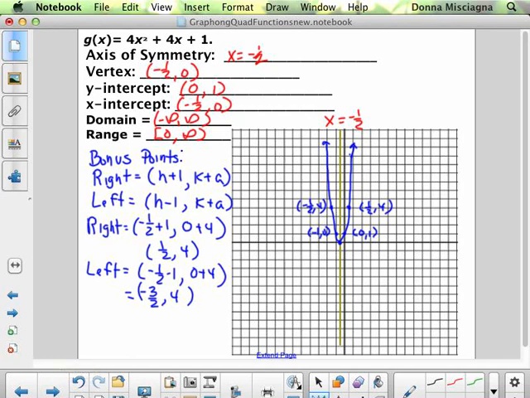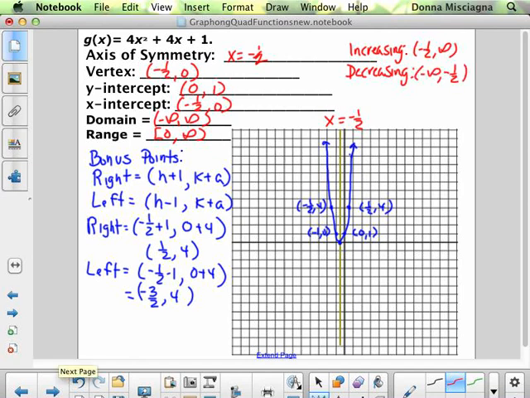Let's go ahead and do the last things, which is the increasing, decreasing, and end behavior. I'll write over here. So the graph is increasing from the vertex, which is negative 1/2, to infinity. The graph is decreasing from negative infinity to negative 1/2.